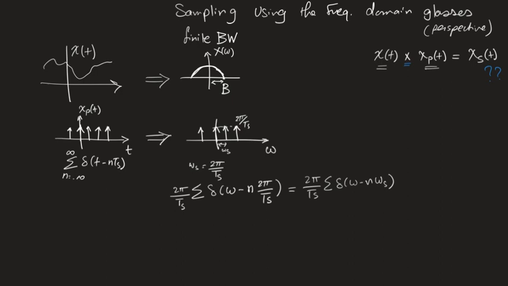Okay, good. What else do I need to figure out? Now I figured out the frequency domain representation of this. The next question is, what's the equivalent in frequency domain when I multiply two signals in time domain?